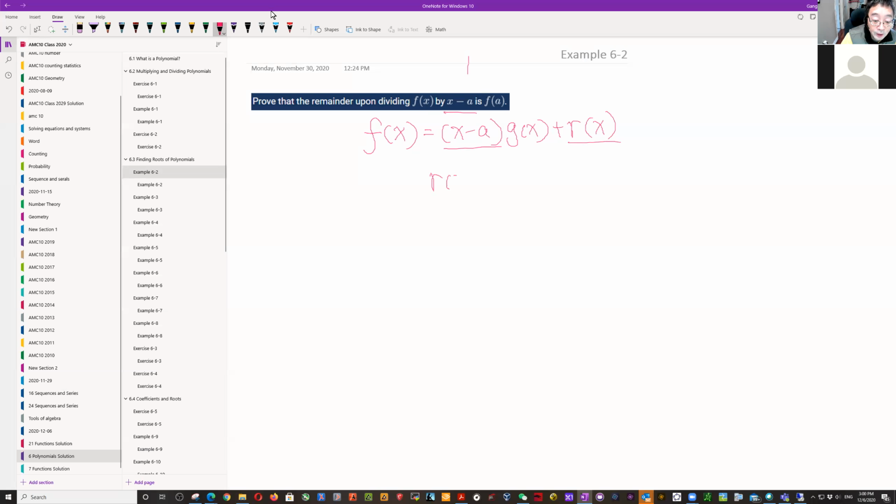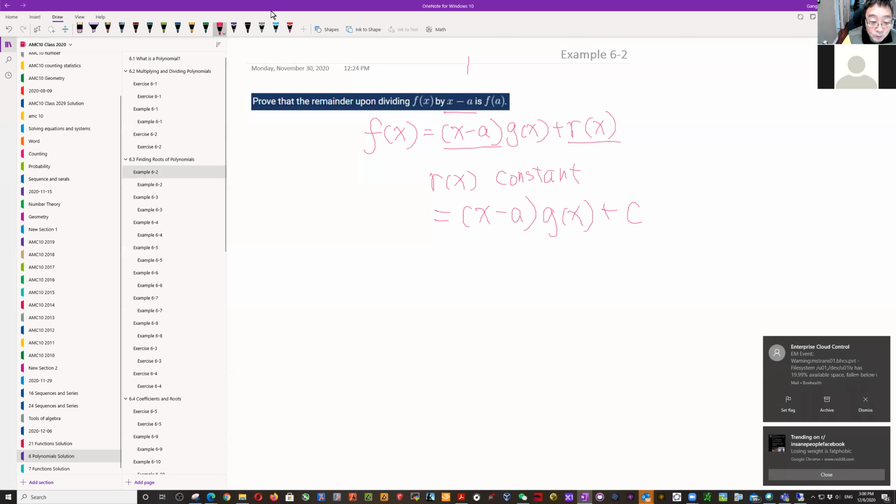So r(x) is a constant, because the degree is below 1 and the only possible way is constant.